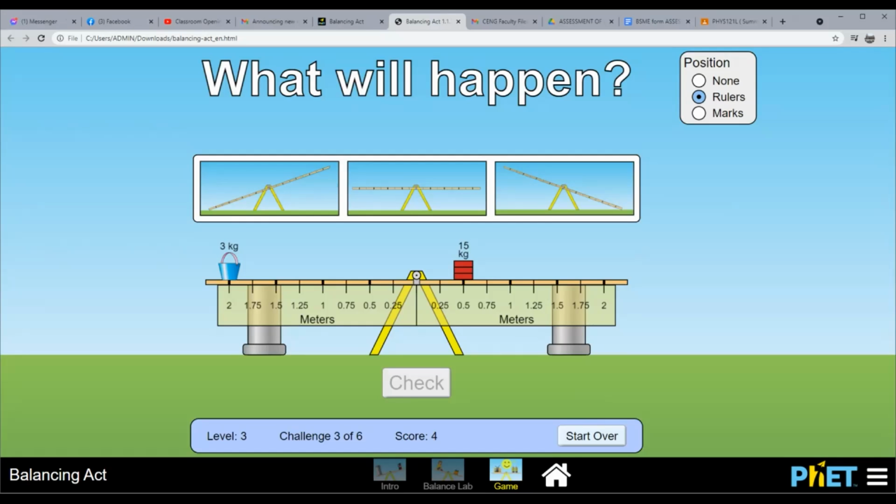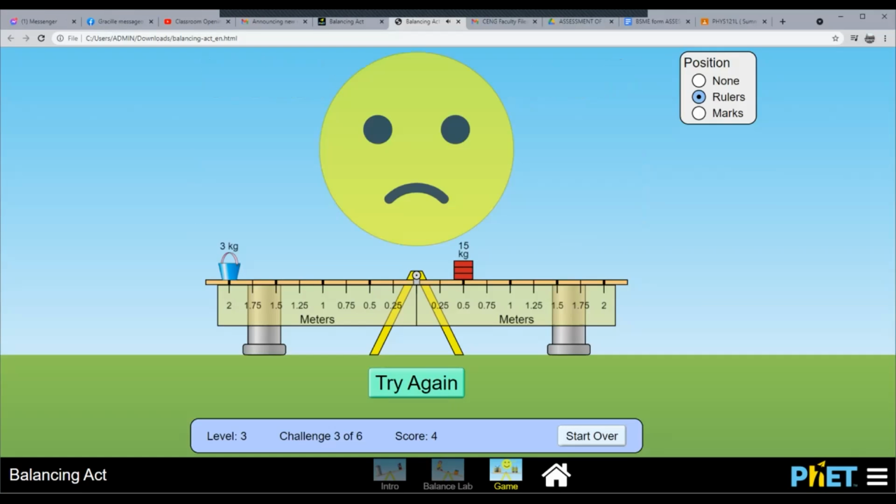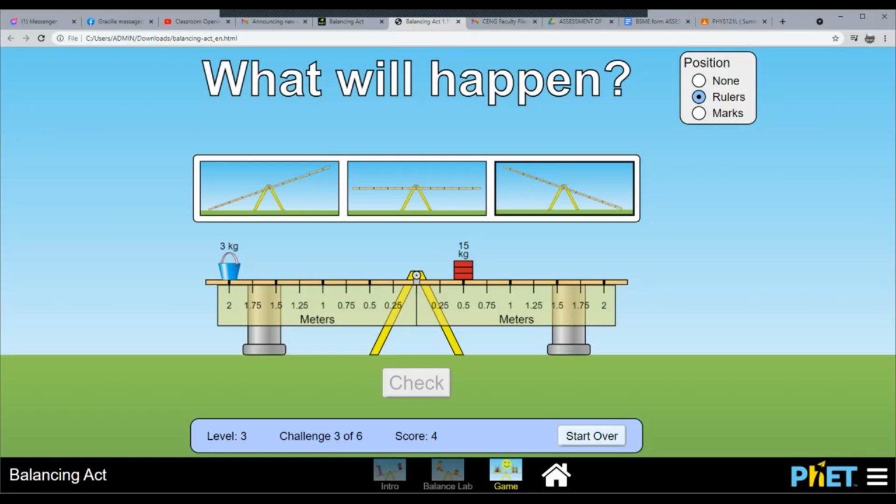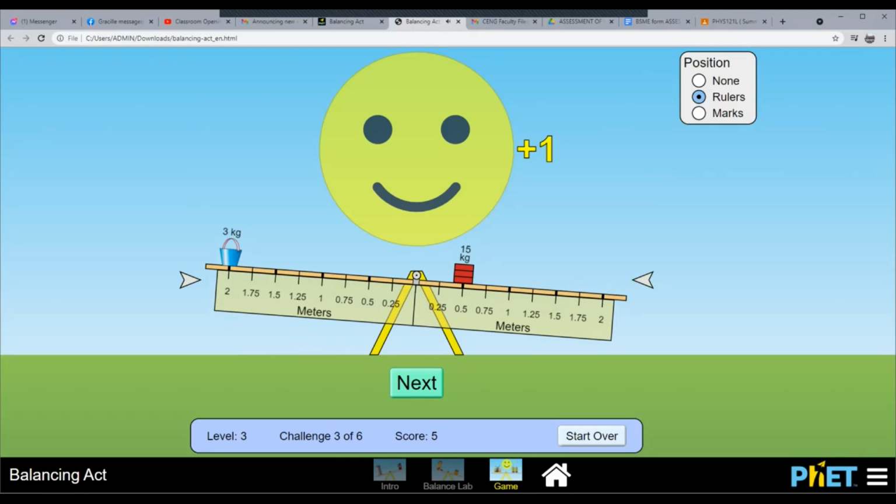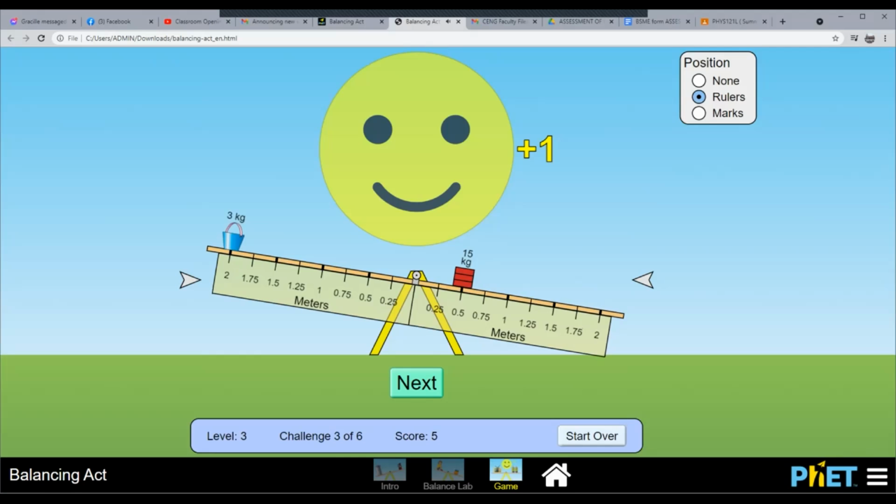Answer? Third condition. Okay, magkaiba yung answer nyo. Isa first condition, yung isa third condition. Okay, let's check. Answer ng isa is first condition. That is a wrong answer. Try this one. The third condition. So that is the correct answer.